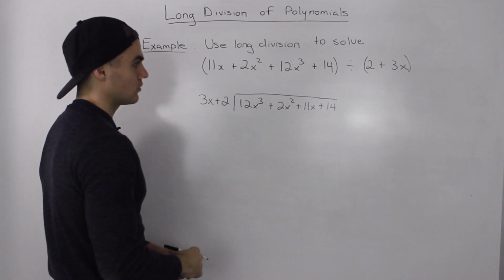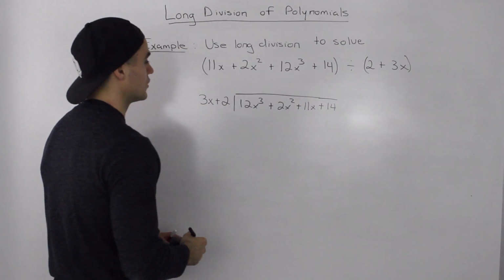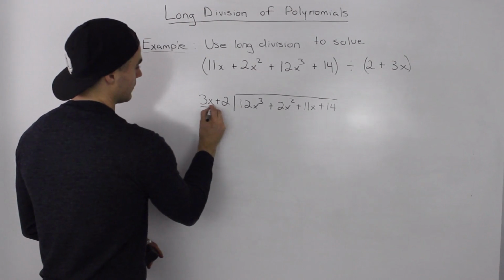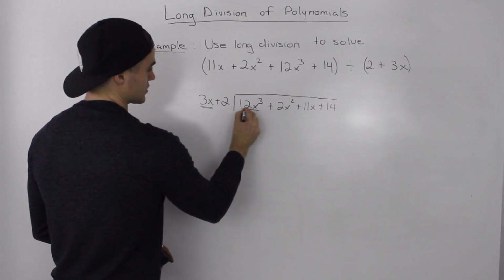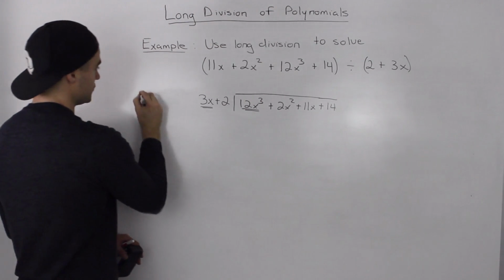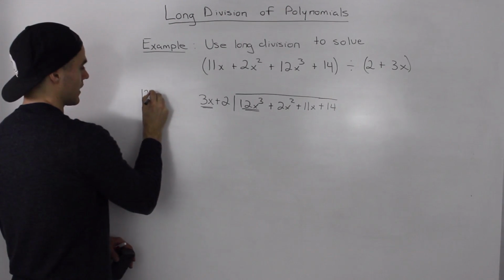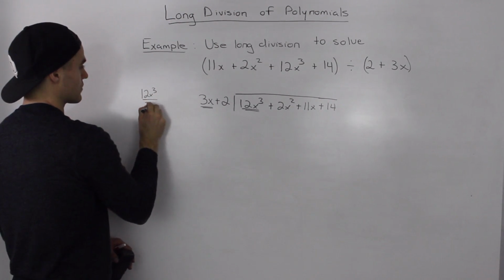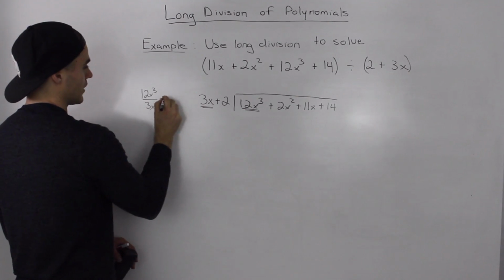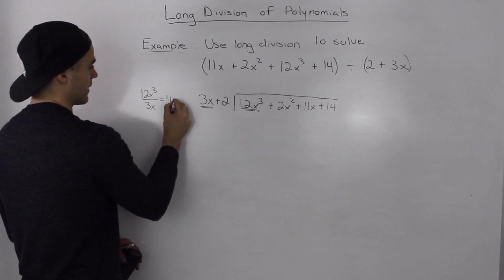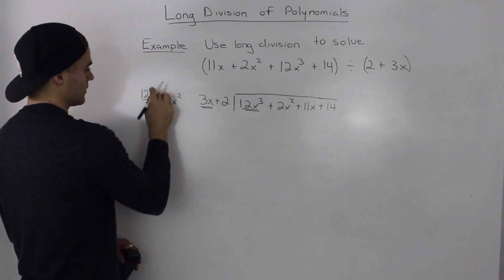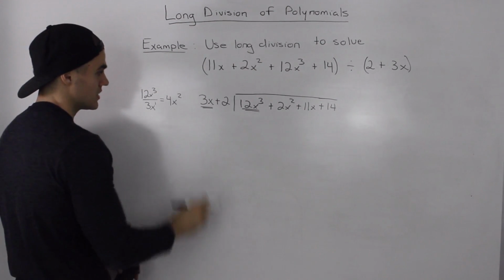And then we follow the same steps that we followed in the video before. So we check how many times can 3x go into 12x cubed. Well, if we do that on the side, 12x cubed divided by 3x, well 12 divided by 3 is 4, and then x cubed divided by x is just x squared, right? We're subtracting the exponents.